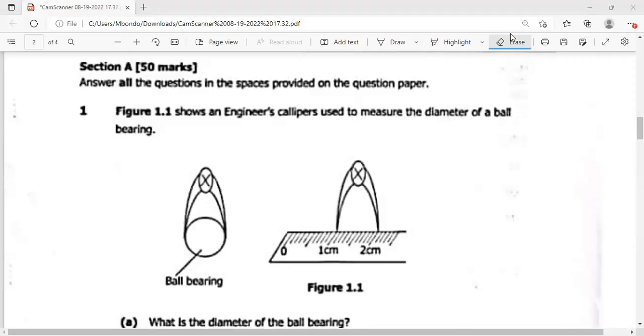And so we are solving question 1, which says figure 1.1 shows an engineer's calipers used to measure the diameter of a ball bearing. A ball bearing is something that is spherical, meaning that it takes the shape of a sphere.